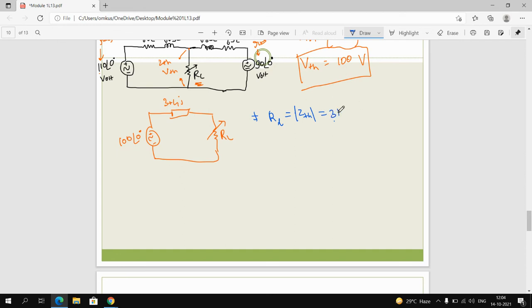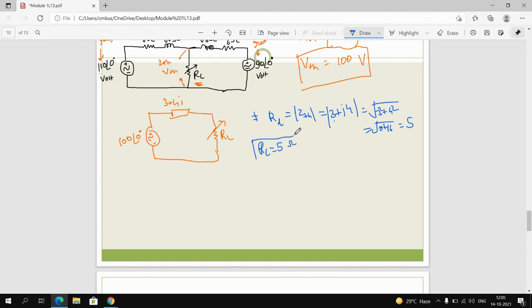It is 3 plus 4j. So when you calculate it, under root of 3 square plus 4 square, you will get under root of 9 plus 16, which is equal to 5. So the value of this ZL is equal to 5 ohm.